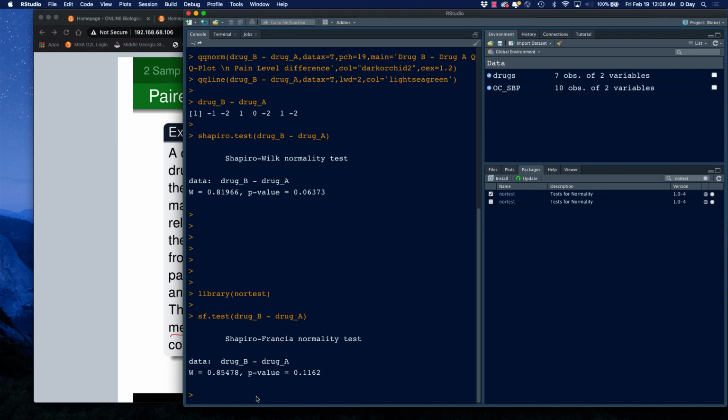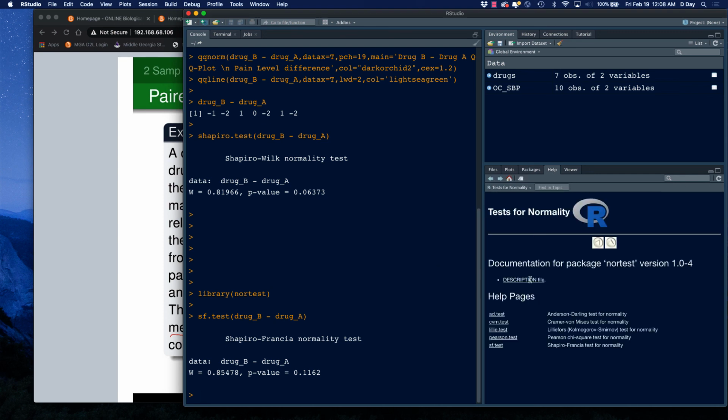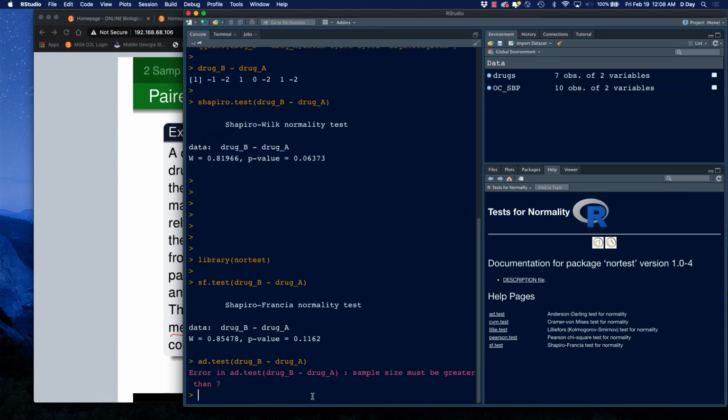The Anderson-Darling test, which is called ad.test, on that one would give me an error that says sample size must be greater than 7. So apparently there's an assumption with the ad test that you have to have more than 7 data values.